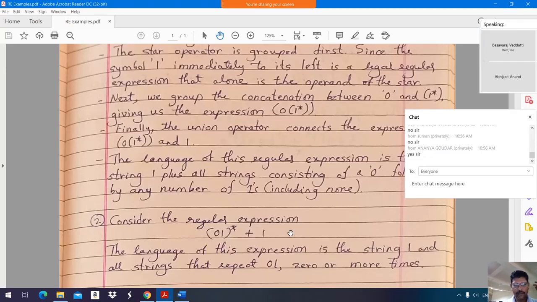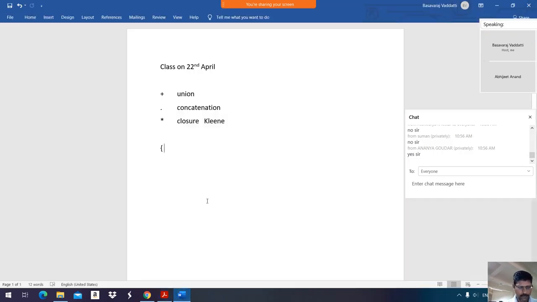Look at the regular expression. Yes, as you all say, epsilon is part of this language. Then 1, epsilon 1, then 0, 1, then 0, 1, 0, 1, then 0, 1, 0, 1, 0, 1, like this.